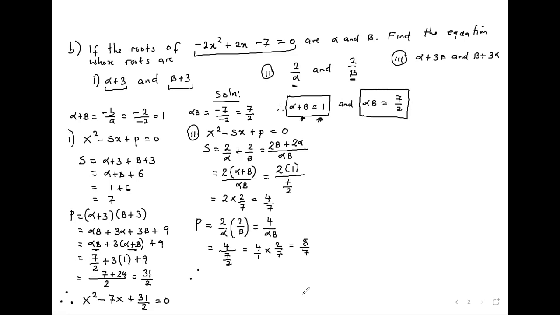Therefore, the equation will be x squared minus s, the sum, which we have found here, 4 over 7 x plus 8 over 7 is equal to 0.